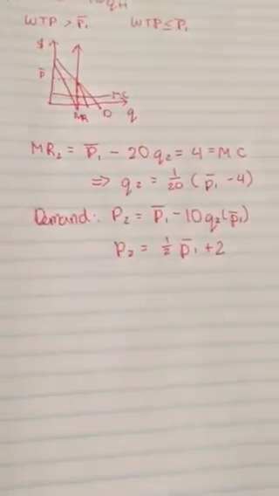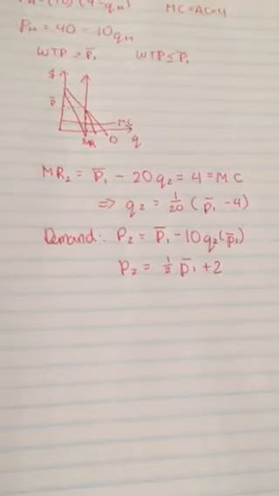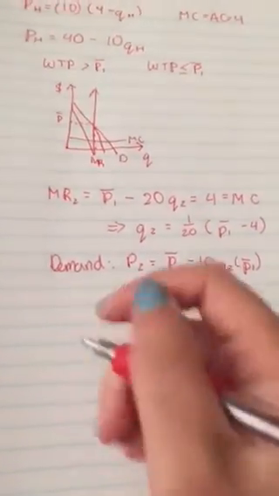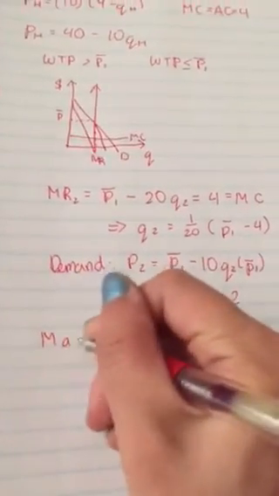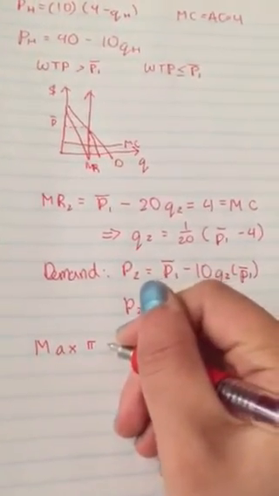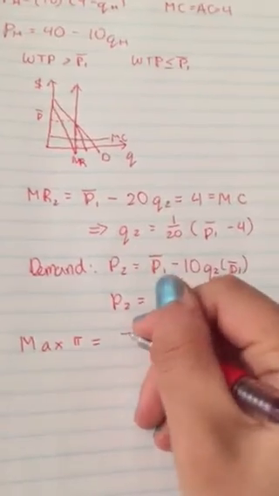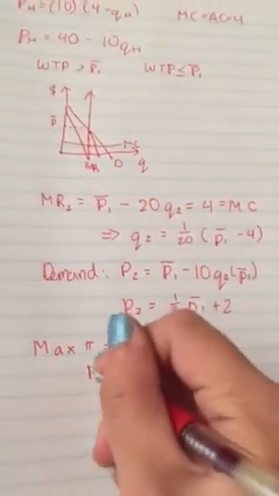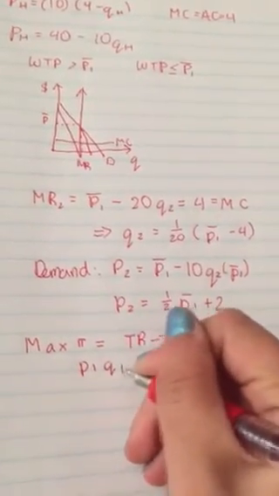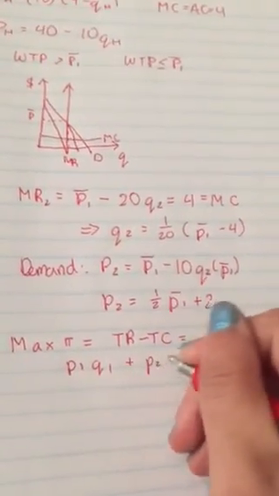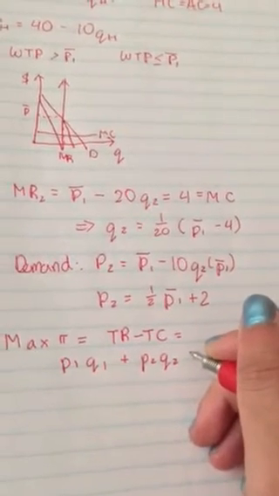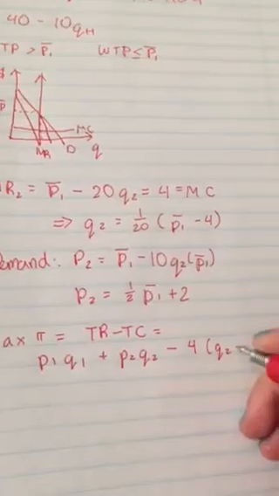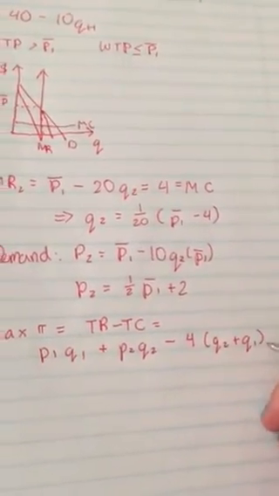Now you have everything you need to profit maximize, because we know that if we are profit maximizing, we have maximized profit is equal to total revenue minus total cost. What is total revenue? It's P1 Q1 plus P2 Q2 minus marginal cost, which is 4, times Q2 plus Q1.